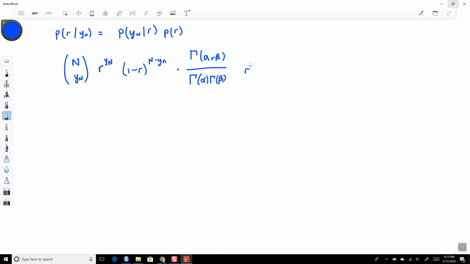Don't worry about the gamma distribution. The gamma function is like the factorial function, except made continuous, but it's shifted over by 1. So 2 factorial is 2, 3 factorial is 6, 4 factorial is 24, and 5 factorial is 120.